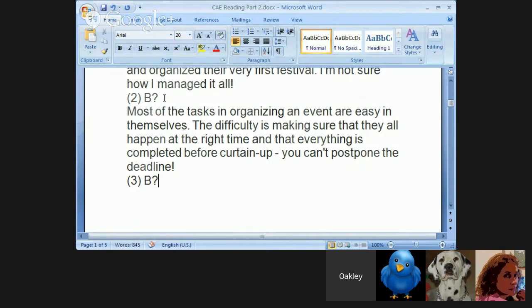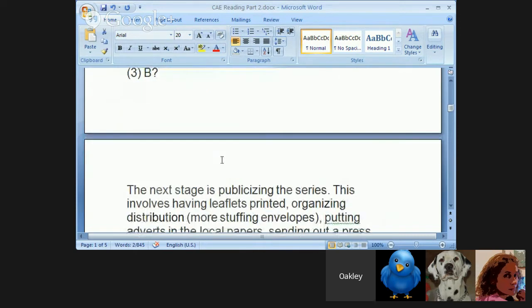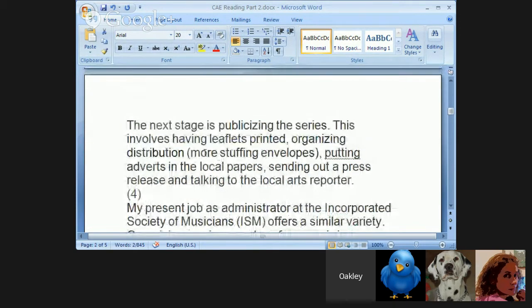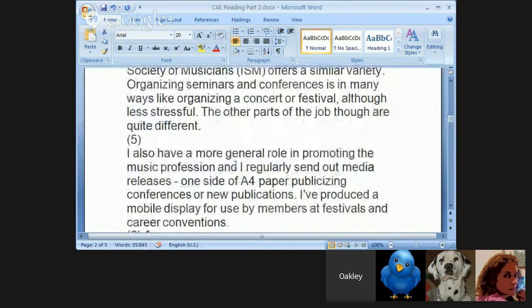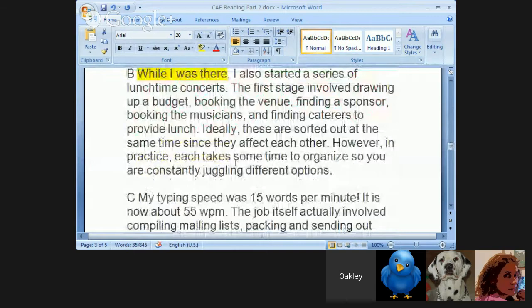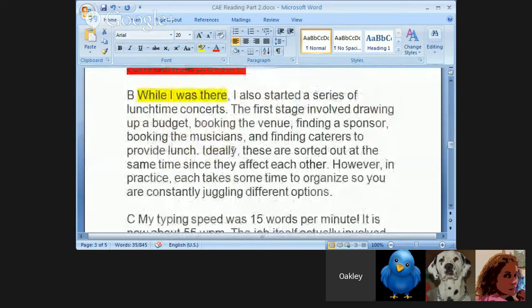I strongly think 2 because he talks about organizing it and then he talks about the curtain going up. Oh, maybe not. Then we have publicizing the series. Okay, let's go back to that. You have to look at the verbal tenses, Max.